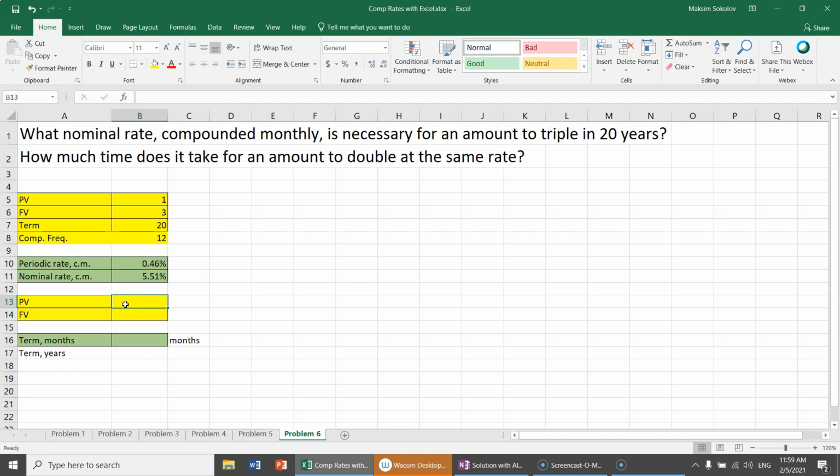For the second part of the problem, we need to identify how much time it takes for an amount to double at the same rate. So $1 should become $2. Well, to find term, we will use the function NPER. The rate comes first, and that should be periodic rate. So we'll take periodic rate from cell B10.